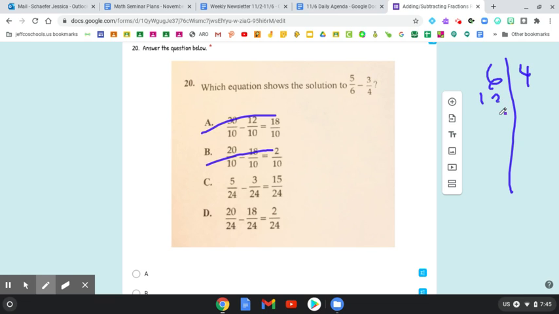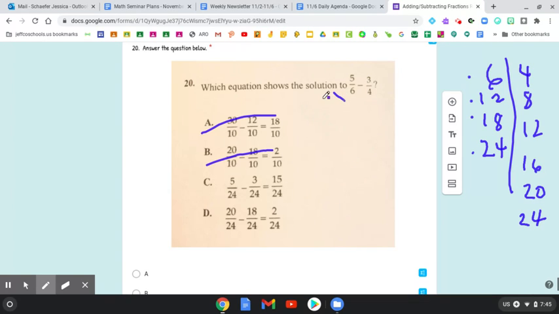6s go 6, 12, 18, 24. That's 4 times. And in the 4s, it goes 4, 8, 12, 16, 20, 24, which is 6 times. So I'm going to use those to do my multiplication on my fractions up above.